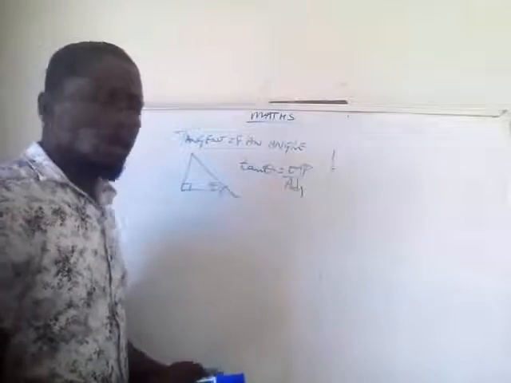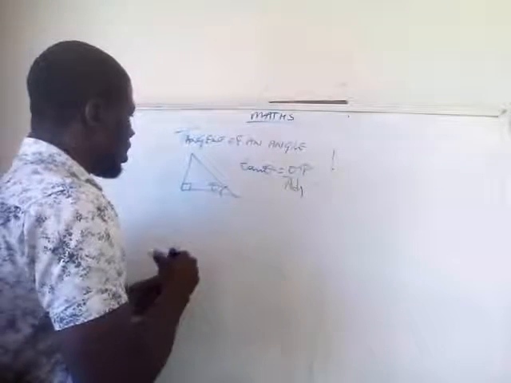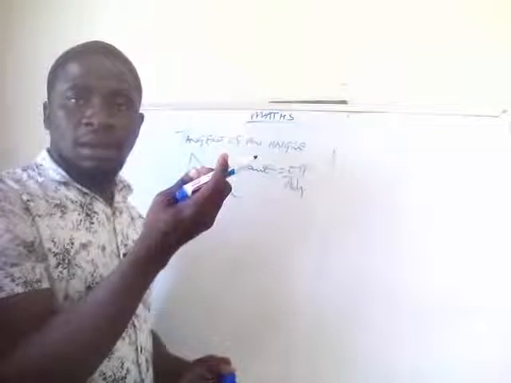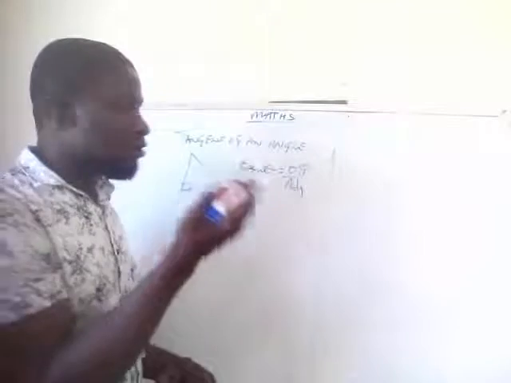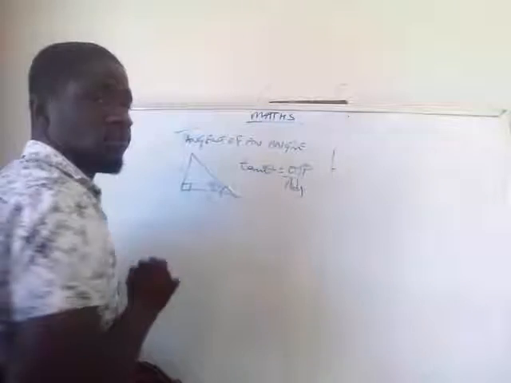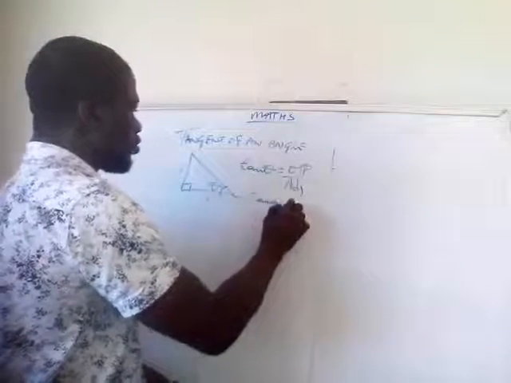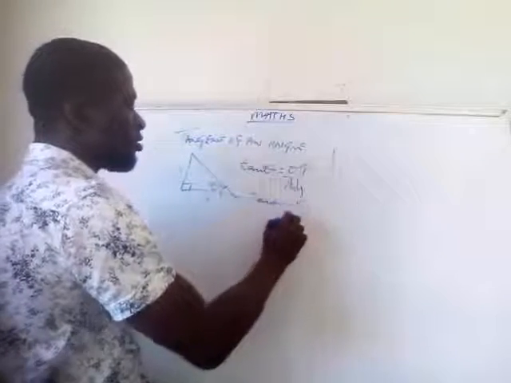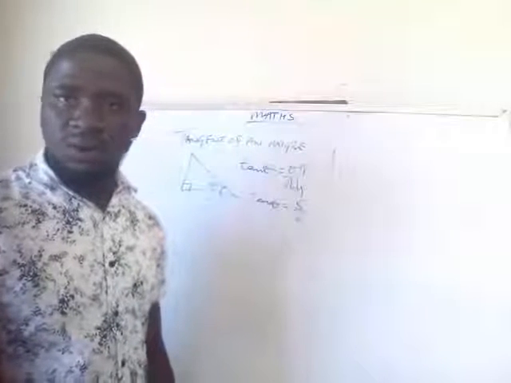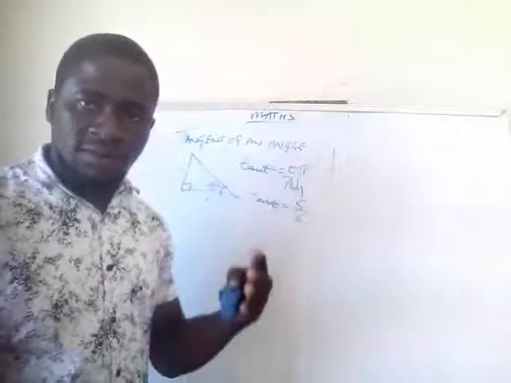That's the tan of this angle. So if you are given something like 5 here, and here is 6, then tan theta is equal to 5 over 6. That is what we are talking about.